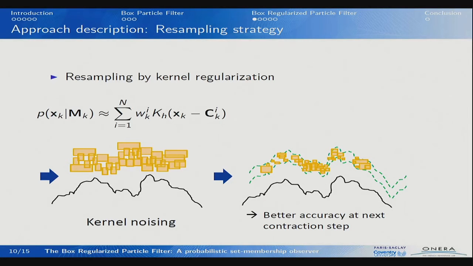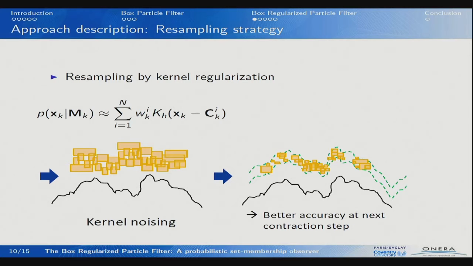And it consists of shaking the box particle supports using a bounded probability kernel to get something more accurate.